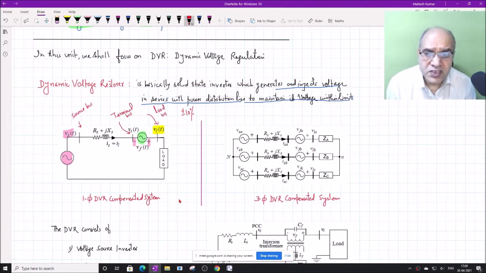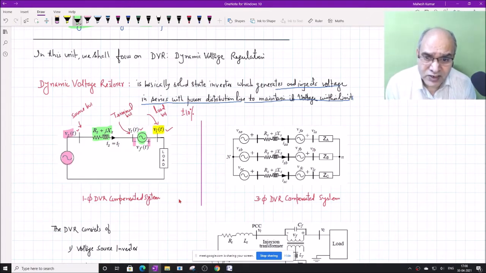So we have used the symbols VL here, VT here and VS here. The line has a feeder impedance of Rs plus jXs. Okay, so the current passes through this feeder impedance and reaches the load side.